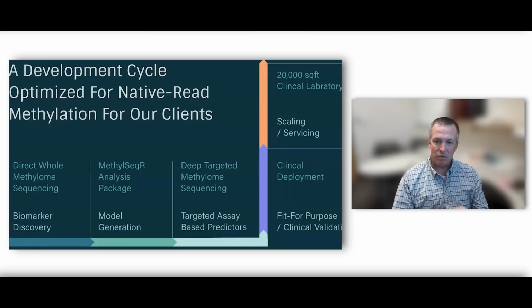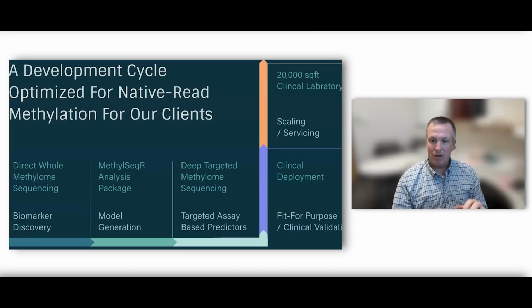and then we have methods that enable us to perform targeted methylation sequencing that we've developed over the past few years, done without any amplification and without any bisulfite conversion. If we're only worried about a very small number of targets, we can perform that targeted sequencing to really reduce cost and enable us to scale.